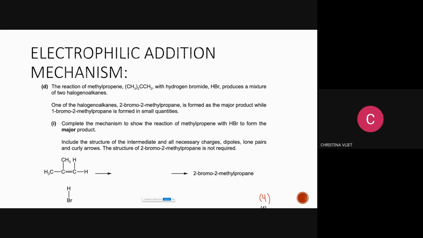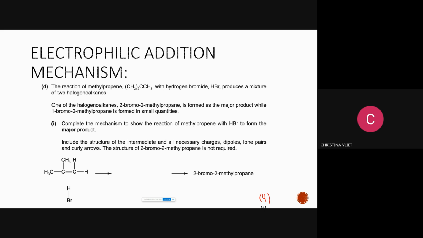Let me get your full attention so I can remind you how it works. The mechanism we have today is also going to be electrophilic, but it's not going to be electrophilic addition, it's going to be electrophilic substitution. With this mechanism, how you start it is you have to write dipoles where there should be dipoles. This molecule right here is nonpolar, so don't write dipoles on your organic molecule.